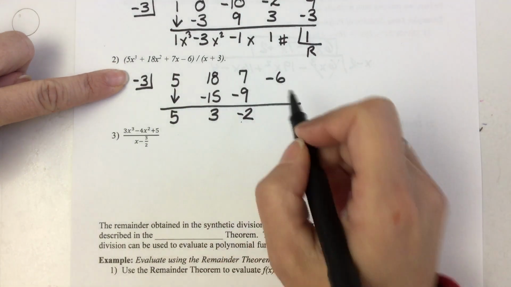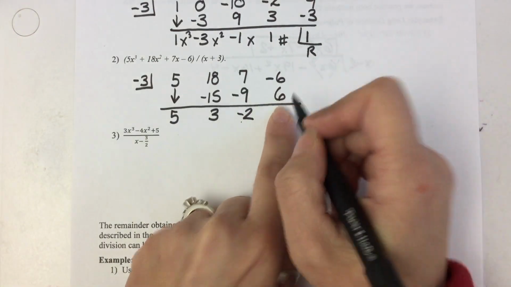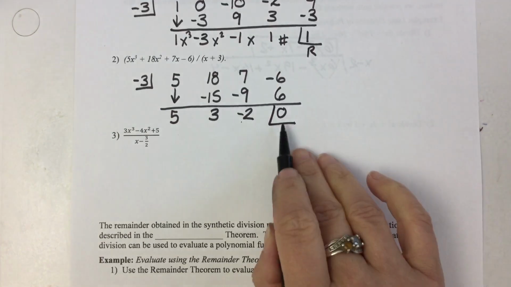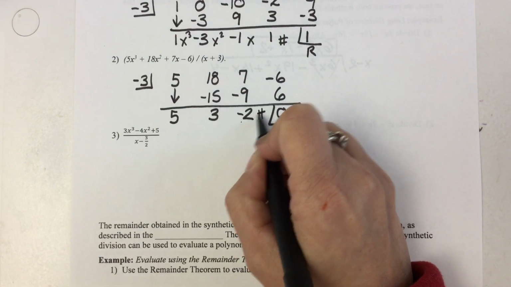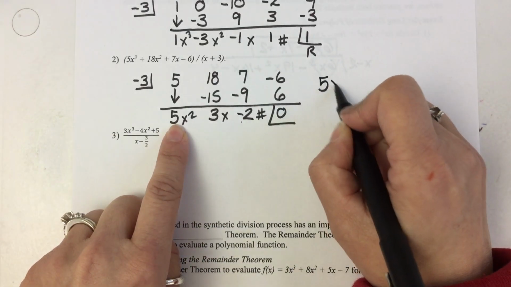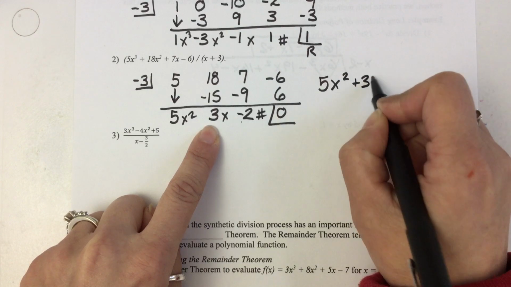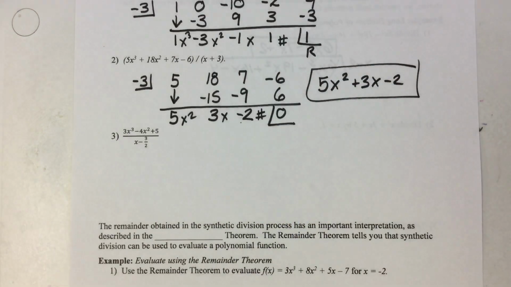Negative 2 times negative 3 is a positive 6. Add. Negative 6 plus positive 6 is 0. This is always the remainder. If it's a 0, it means you don't have a remainder. This is a number. This is x. This is x squared. So my answer would be positive 5x squared plus 3x minus 2. There is no remainder.